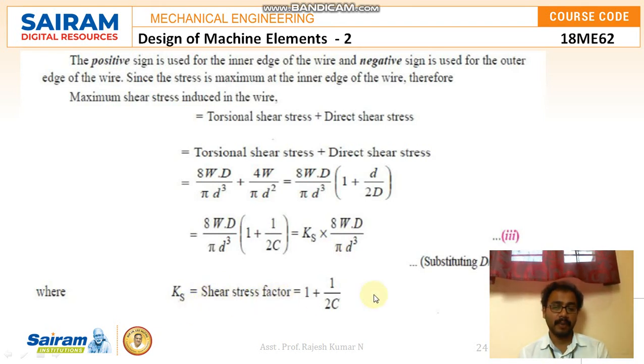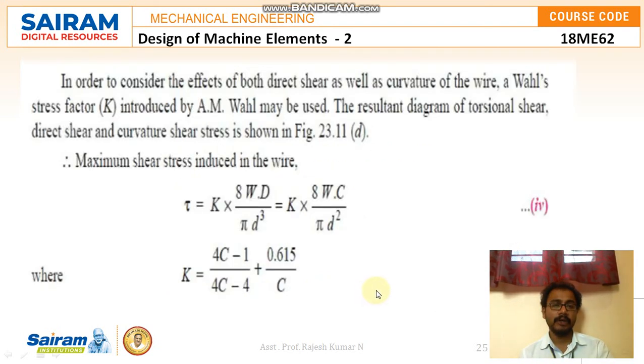While solving some problems we will be using the shear stress factor value, that is 1 plus 1 by 2c. In order to consider the effect of both direct shear as well as the curvature of the wire, a Wahl stress factor, that is capital K, introduced by A. M. Wahl, may be used.